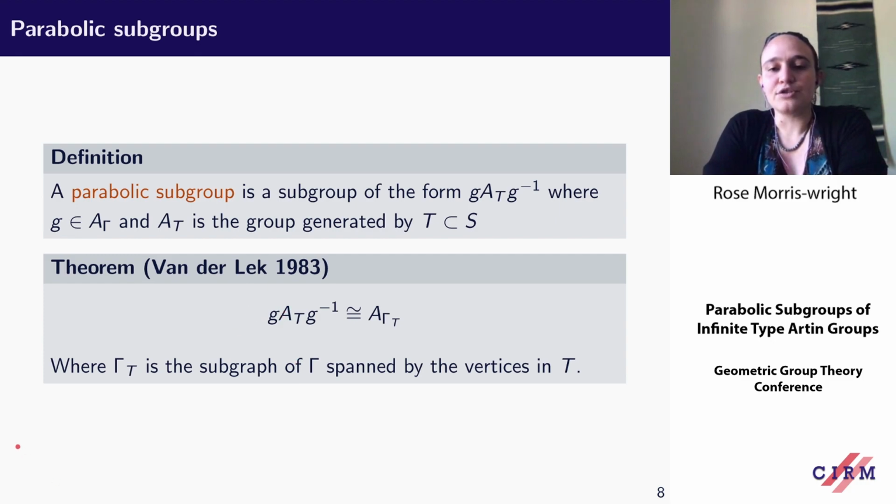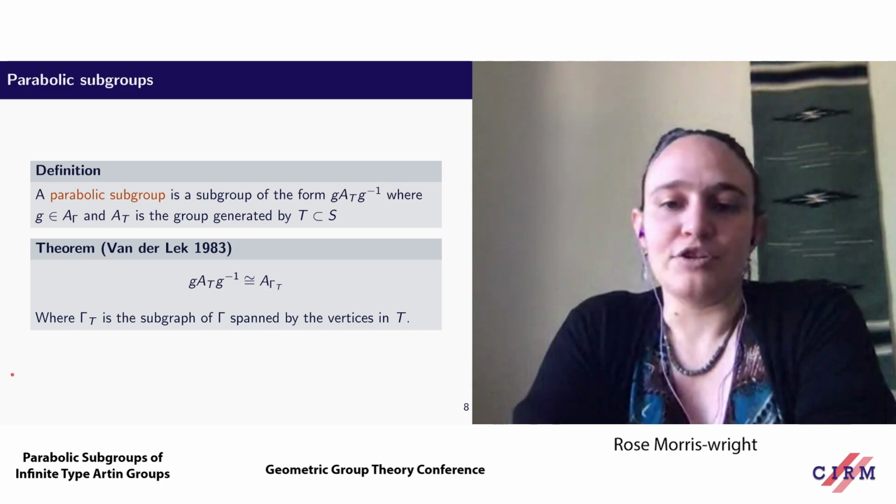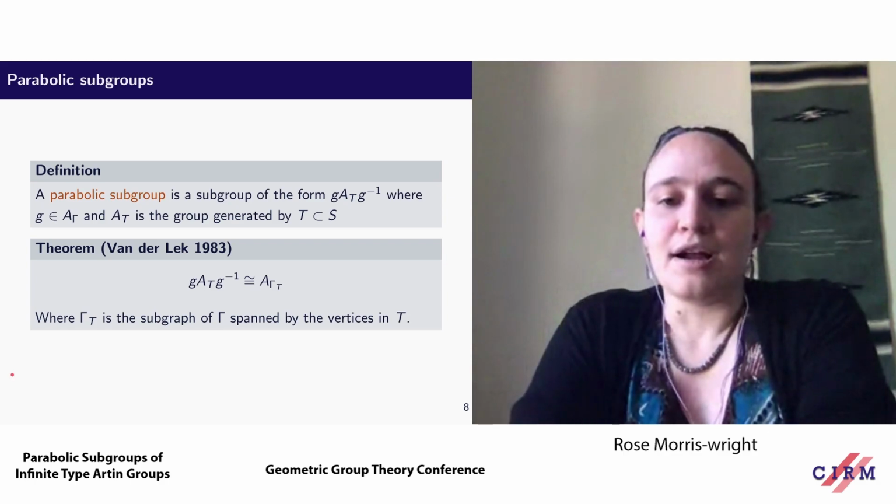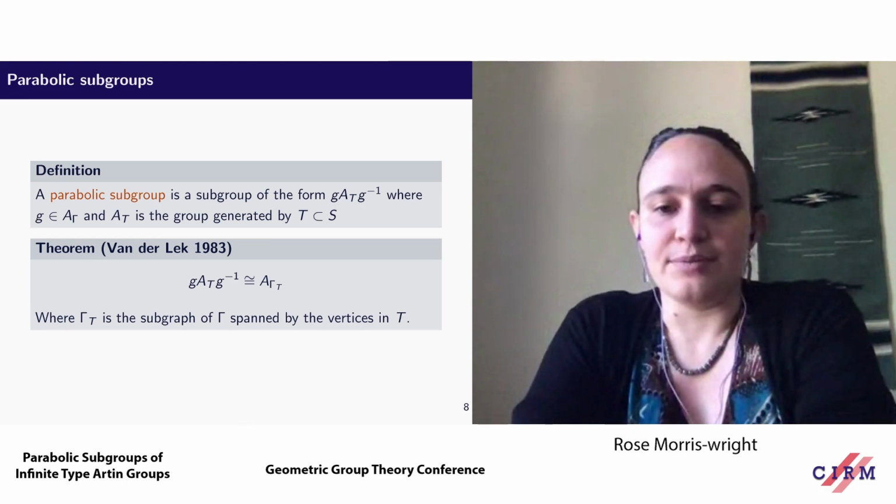So this really shows that the parabolic subgroups are like little Artin groups inside my big Artin group. They're sort of the building blocks for my larger Artin group, and understanding how they interact with each other, understanding how they sit inside this larger Artin group is going to give us lots of information.